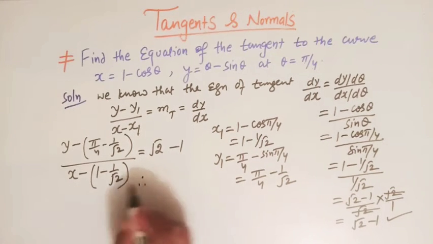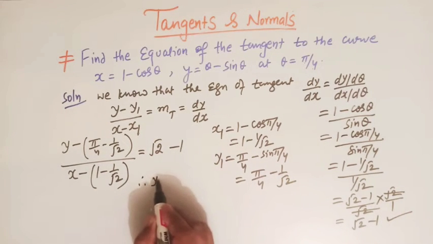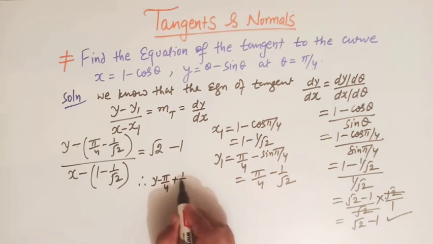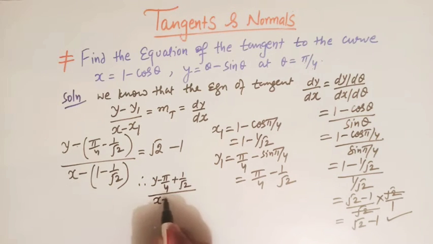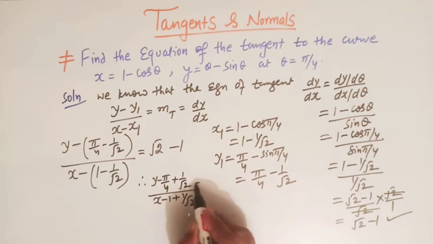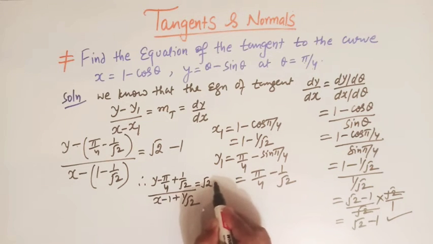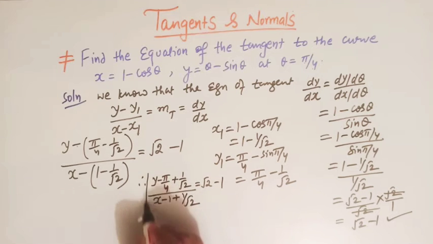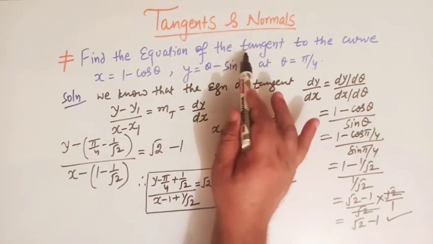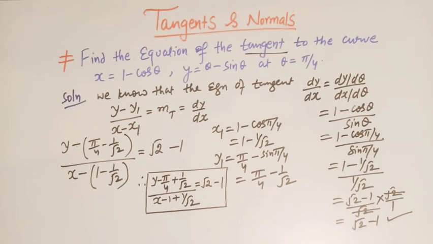So therefore if we simplify it, we get y minus pi by 4 and minus plus, so here we have 1 over square root of 2 divided by x minus 1 plus 1 over square root of 2 is equal to square root of 2 minus 1. So this is the required equation of the tangent. Clear?